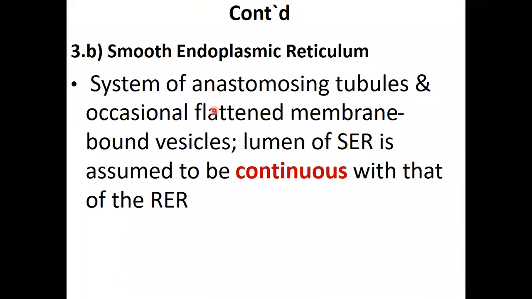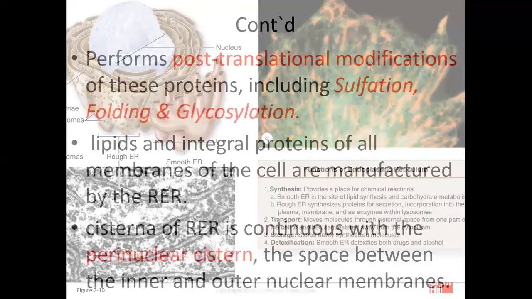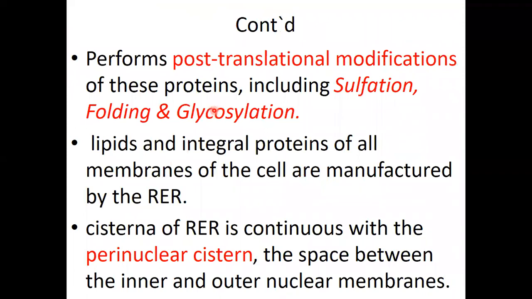So apart from producing protein, the rough endoplasmic reticulum modifies protein by various processes, which we call, for example, sulfation, which is addition of sulfur, folding, which is compression of the protein that is formed, then glycosylation, which is addition of glucose to the produced proteins.